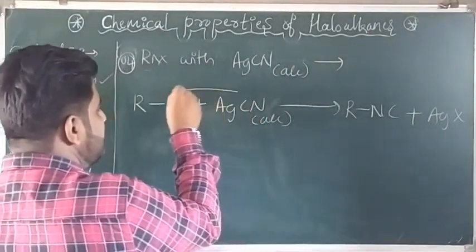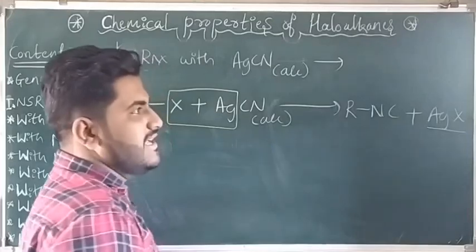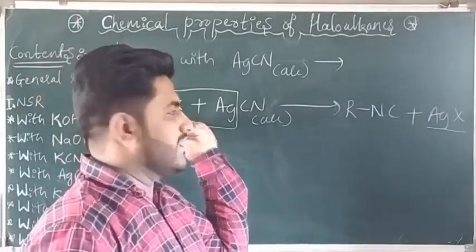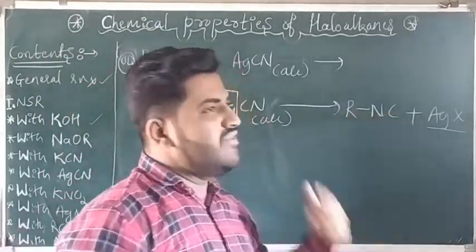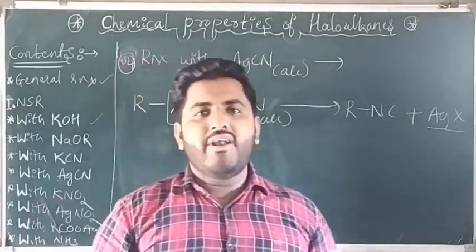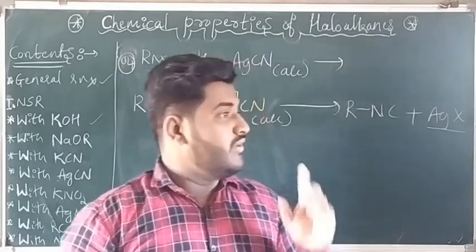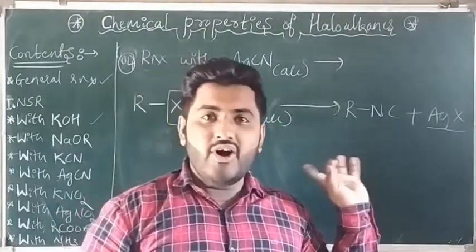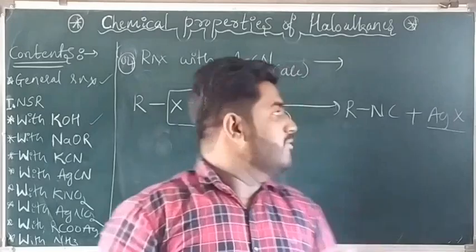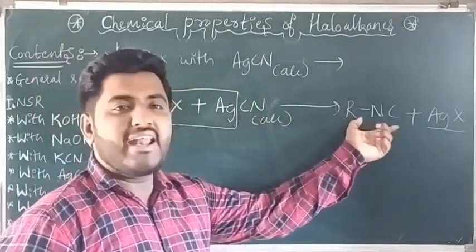Carefully see here again. Silver halide is eliminated as a byproduct. AgX means silver halide, X indicates halogen atom. In the previous case, with alcoholic potassium cyanide, we got RCN. But if we use silver cyanide, we are getting RNC.